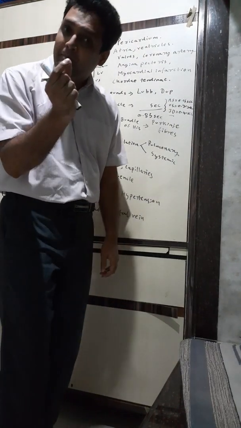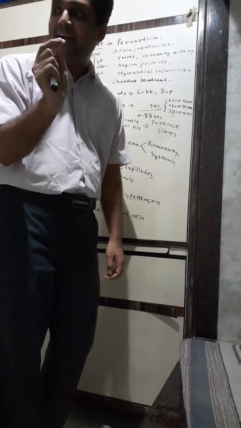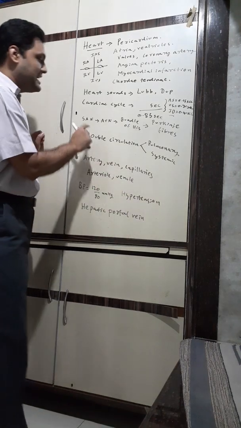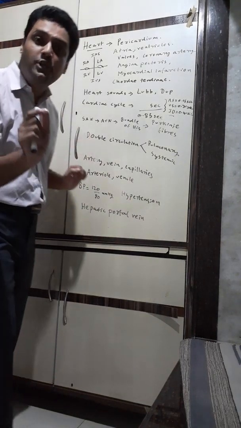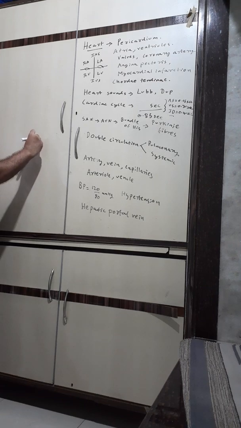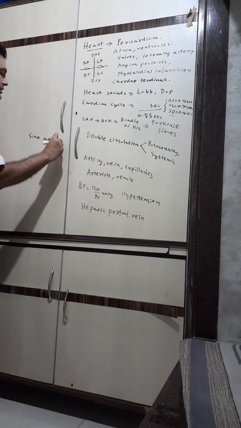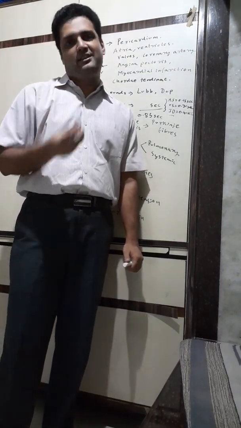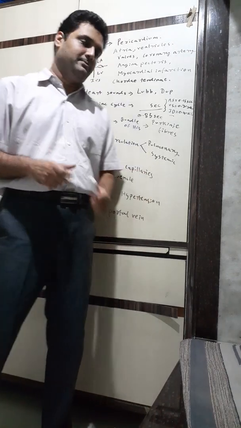That group of muscle is called node, and the generation of cardiac impulse is by SA node, sinoatrial node. Children, I'll write here sinoatrial node. So sinoatrial node generates the impulse for contraction of heart muscle.